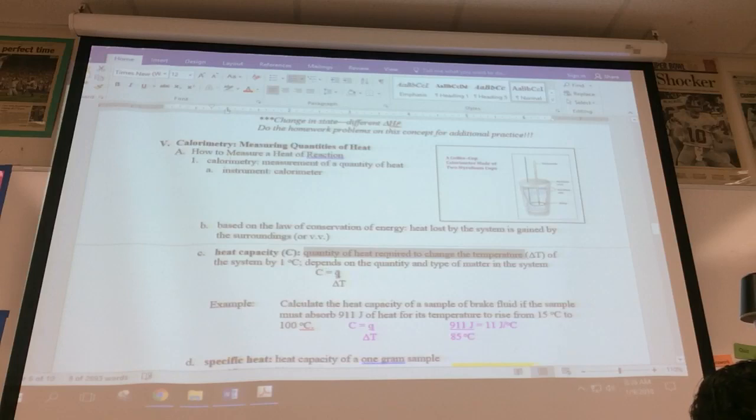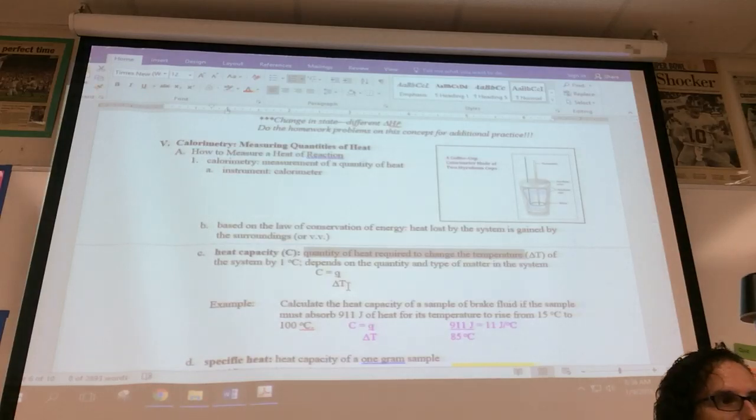Heat capacity is equal to heat divided by the change in temperature, and the change in temperature is the final temperature minus the initial. So if your experiment has an initial temperature of 30 degrees Celsius and your final temperature is 50 degrees Celsius, your delta T will be 20 degrees Celsius. So if it's warming, delta T will be positive, and if it's cooling, delta T will be negative.